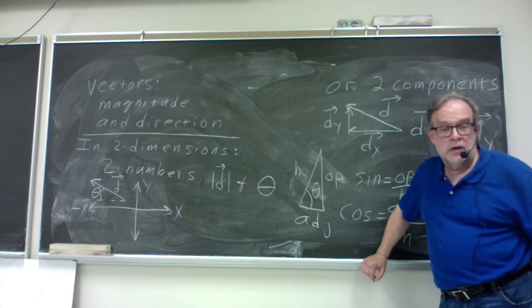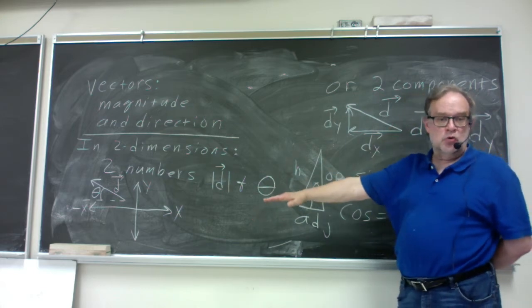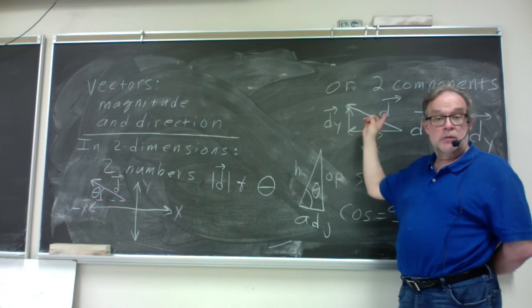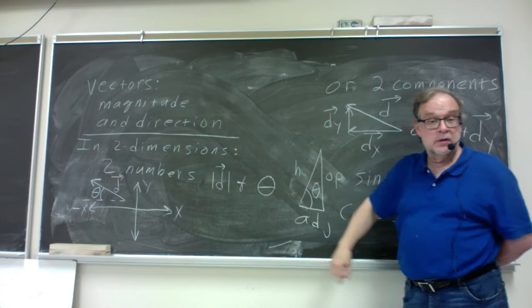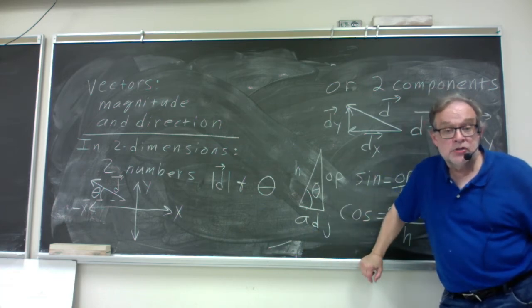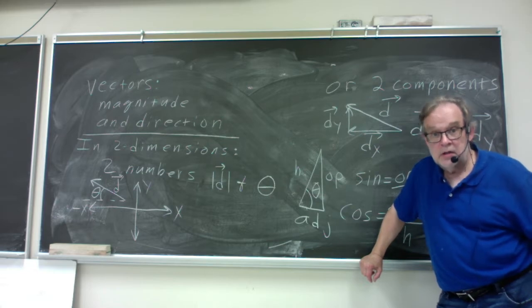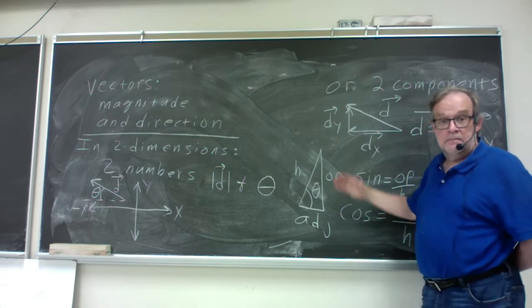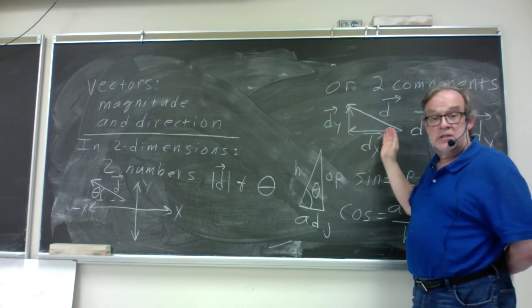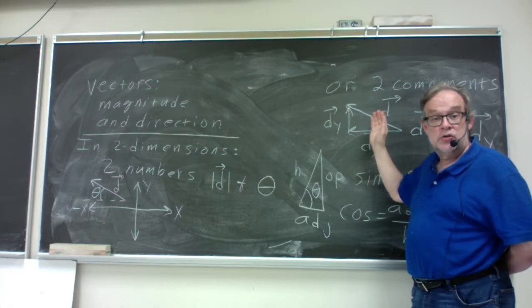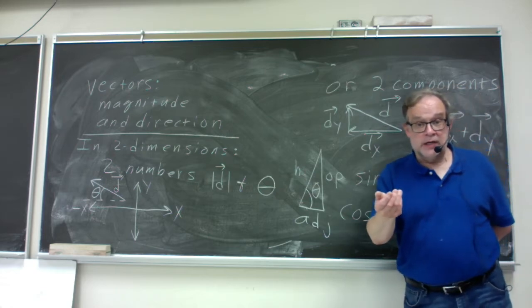So there ought to be some way of converting from one pair to the other pair. That is, if you know what the magnitude and direction angle are, you ought to be able to figure out what the components are. If you know what the components are, you ought to be able to figure out what the magnitude and direction angle are. And you can do that if you recognize the fact that a vector is related to its components the same way that the hypotenuse of a right triangle is related to the two perpendicular sides. And that's where a little bit of trigonometry comes in.